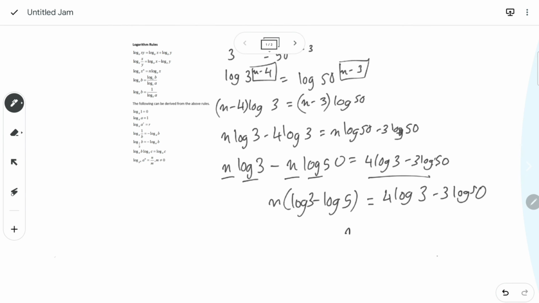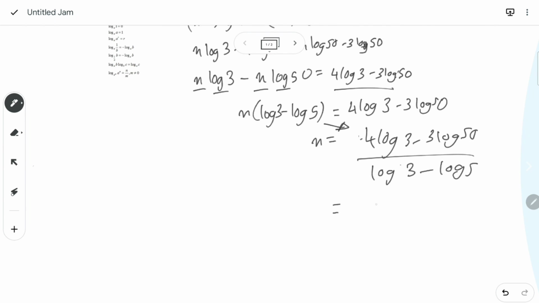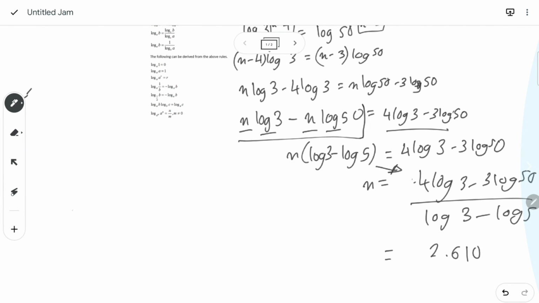Now what you gonna do is move this to the bottom, 5, press calculator and you will get 2.610. So for this one you just need to use this, you need to remember this one, x log 3 minus log 5.